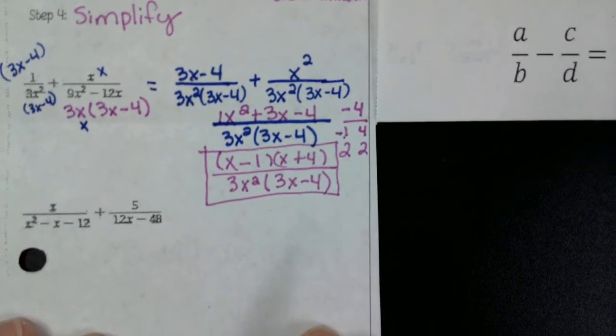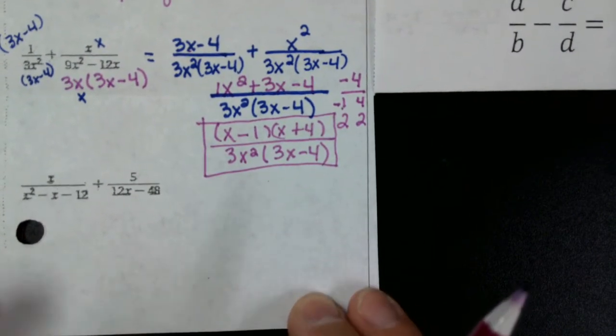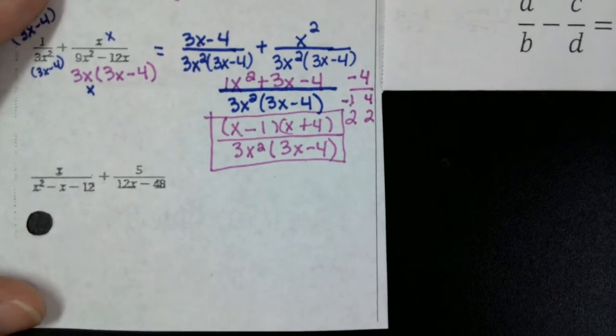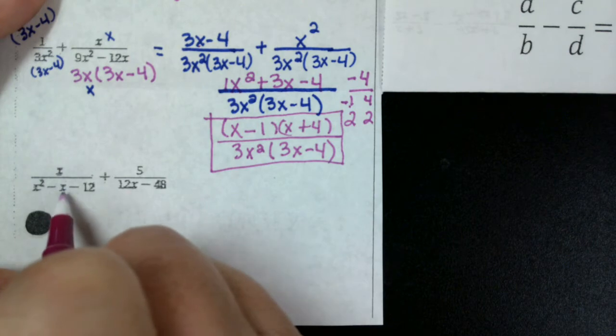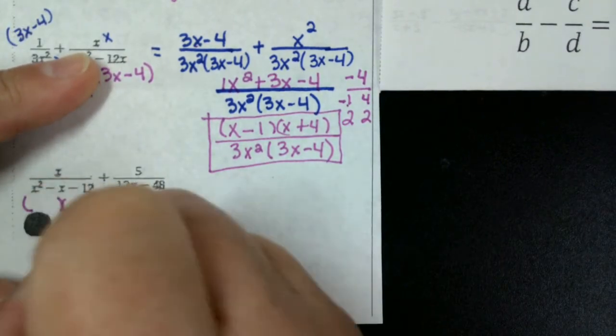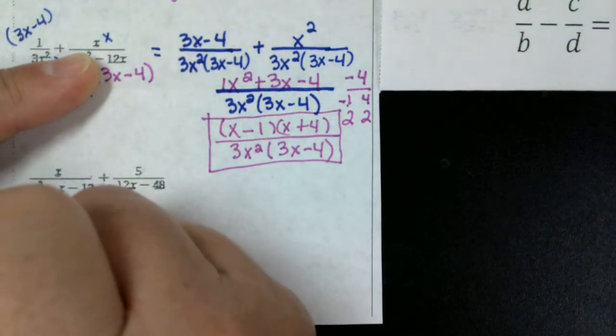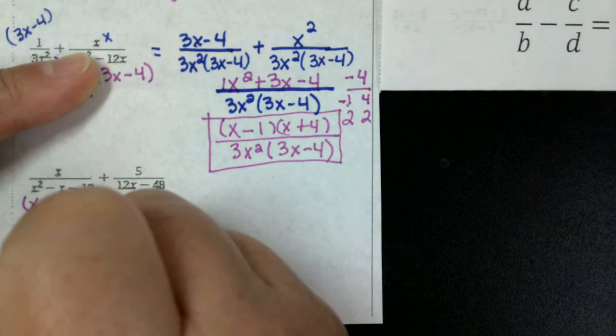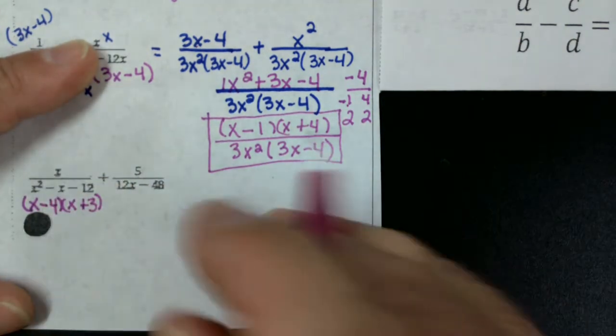All right, looking at my second example. I have x squared minus x minus 12, and because of the joys of video, I am going to just write the factored form there, which is x minus 4 times x plus 3.